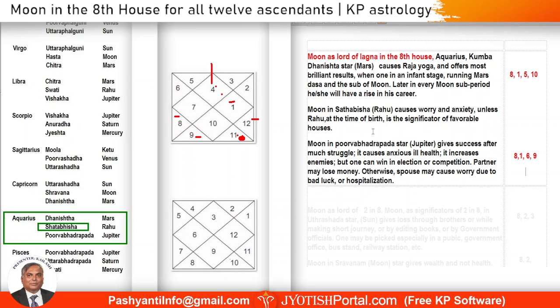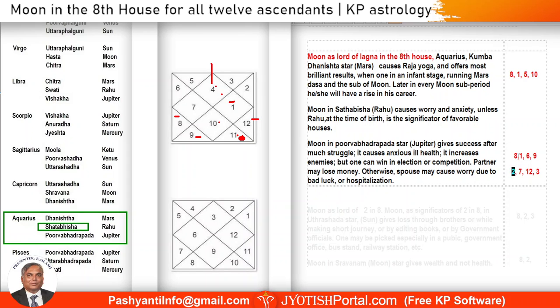So, basically, we have to look from the seventh house. So the numbers that we will get, I think, are 2, and then 7, and then 12, and then 3.